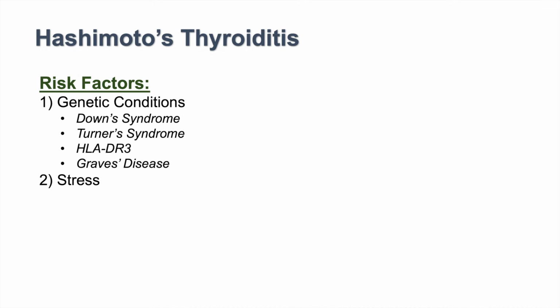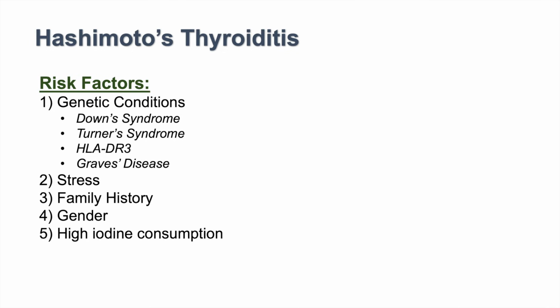Other interesting risk factors include stress. Increased stress seems to be associated with the onset of this condition. Again, family history. This falls in line with genetic conditions and genes. Gender, as we mentioned before, being female is a big risk factor. In fact, it's 7 to 1 compared to males. A high iodine diet can actually increase your risk for having this condition.